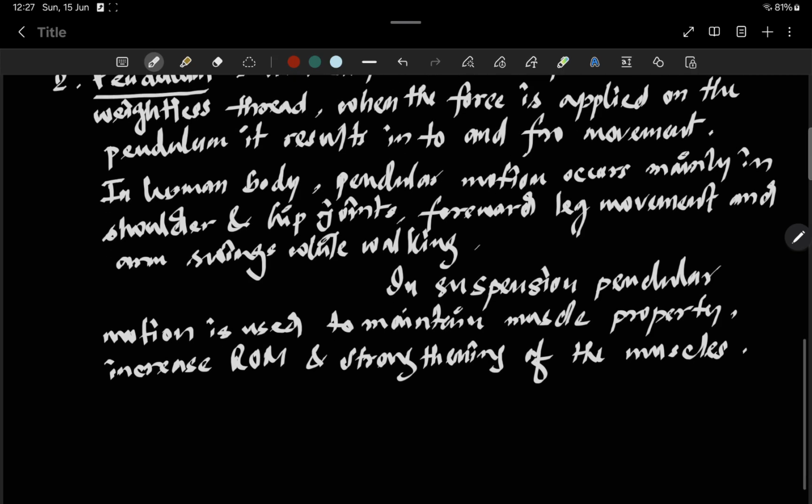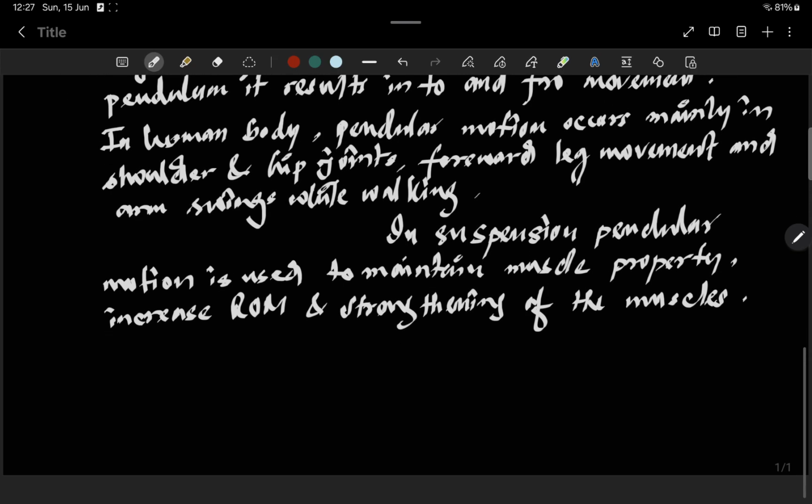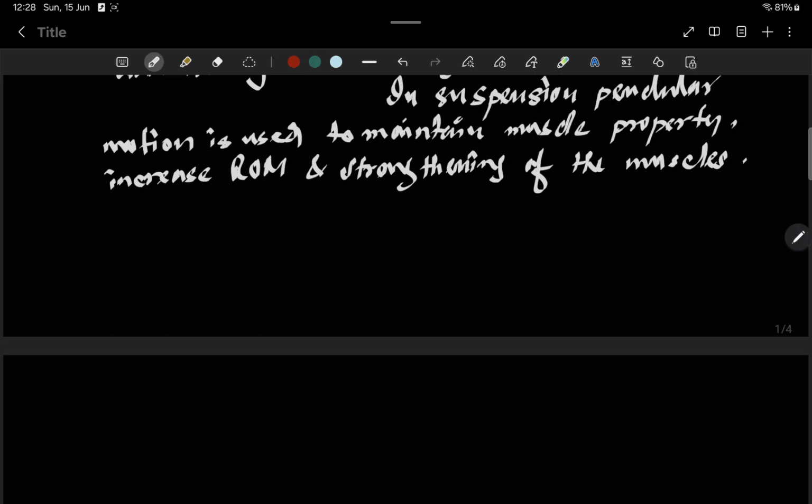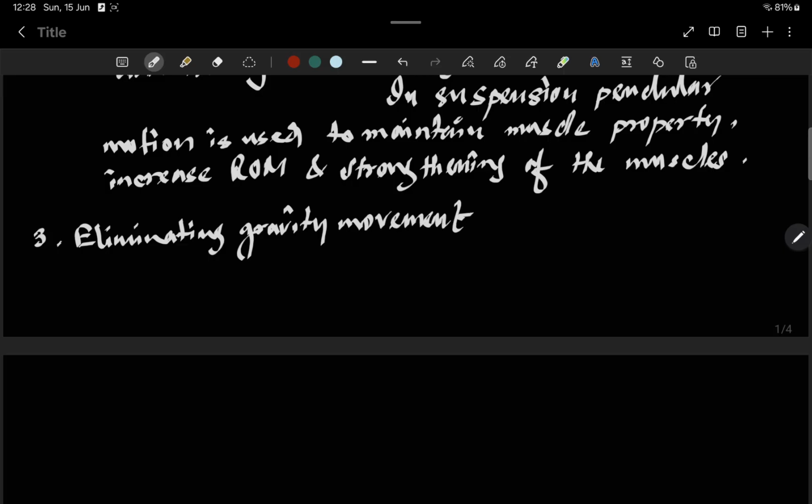So this is the second point. Now the third point is eliminating gravity movement.